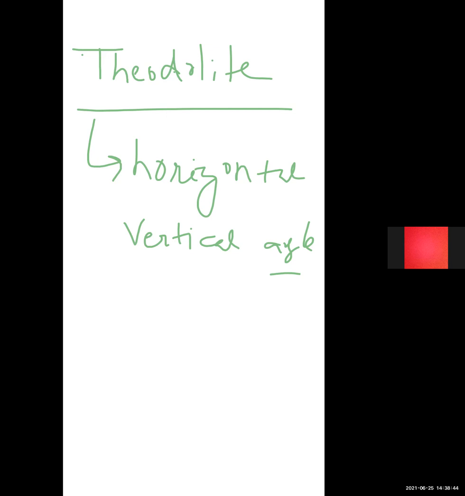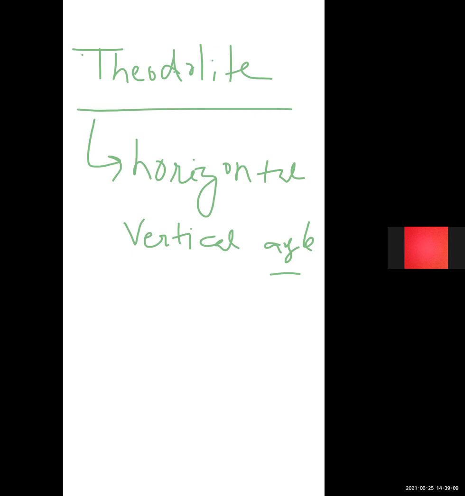The non-transit theodolites are either plain or Y theodolites in which the telescope cannot be transited. The transit is mainly used, and non-transit theodolites have now become obsolete. So generally, for most work we use the transit theodolite.